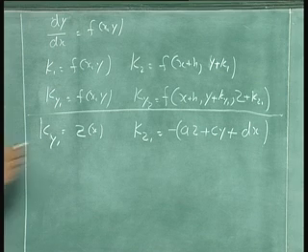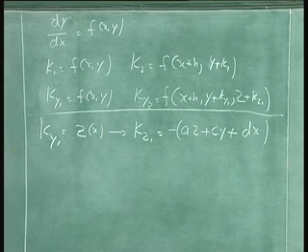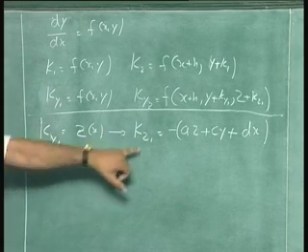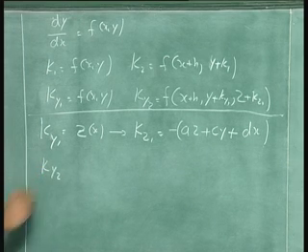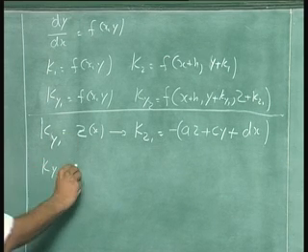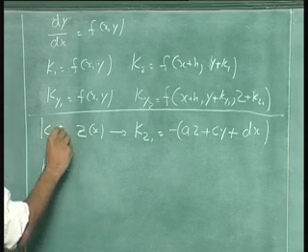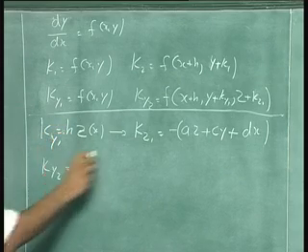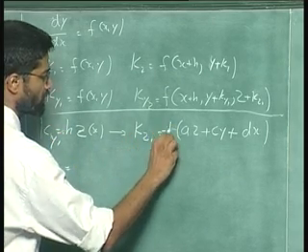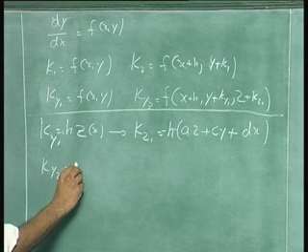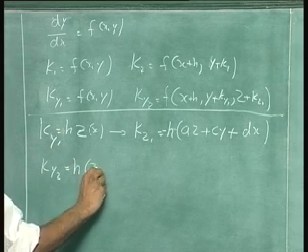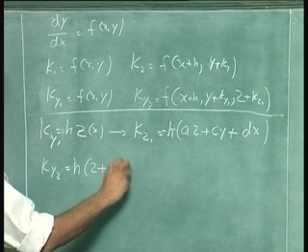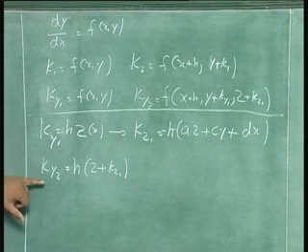So first I compute ky1 and then kz1, and then I will do ky2. Now I can compute this because we are going to use an h here for everything. So h times z plus kz1. That's what we are going to use to compute ky2.